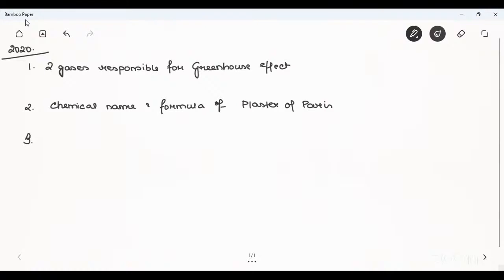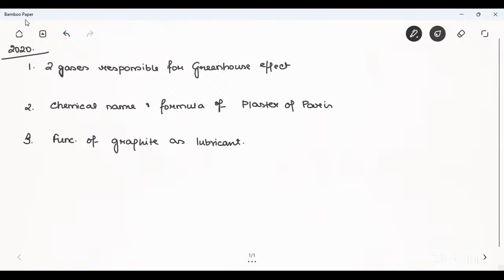Then the third question was the functions of graphite, in the form of a lubricant. Okay, so these are the main questions that came.